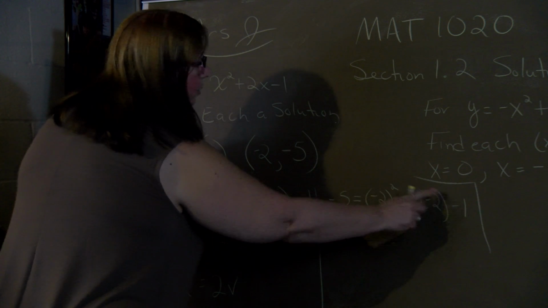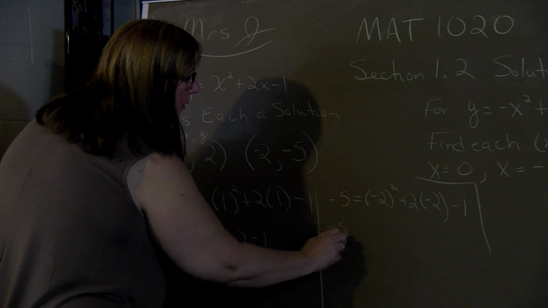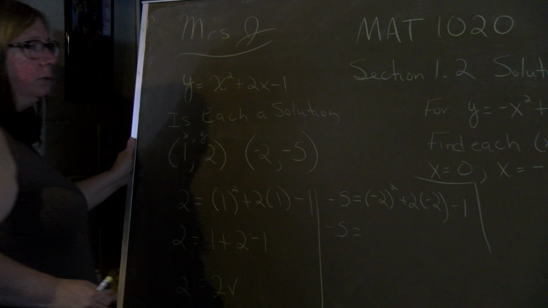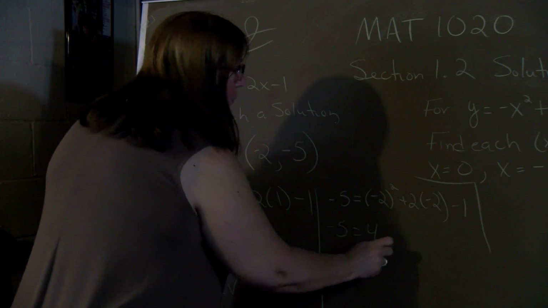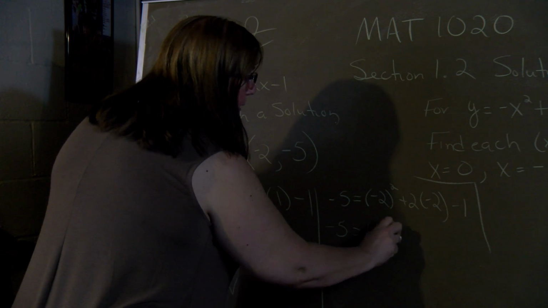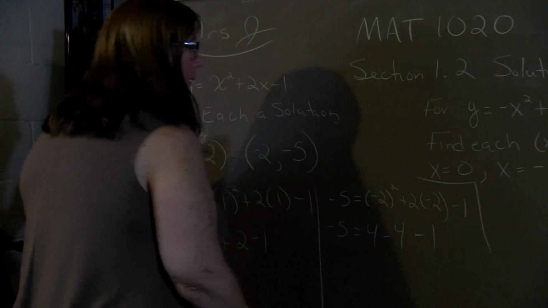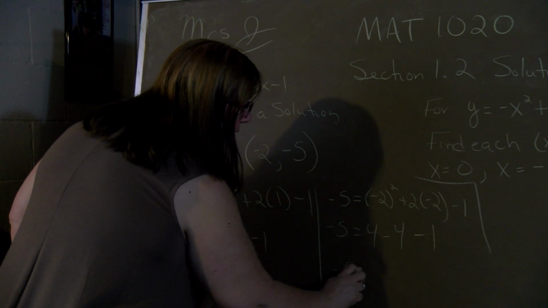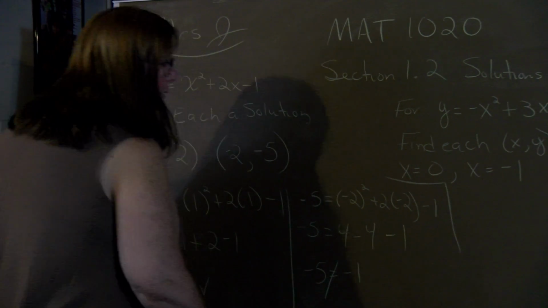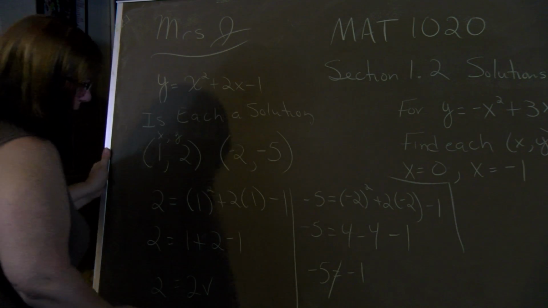So we want to see if this will give us the negative 5. Negative 2 squared, a negative 2 times a negative 2 is a positive 4. 2 times negative 2 is a negative 4 minus 1. Well, 4 minus 4 cancels and just leaves negative 1. So this is not a solution.